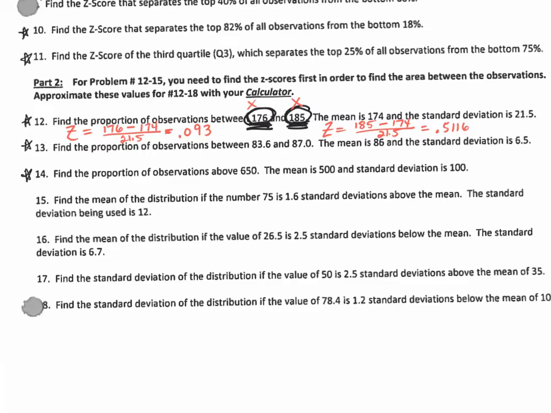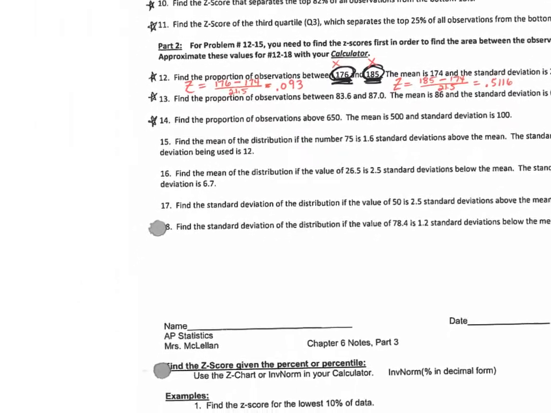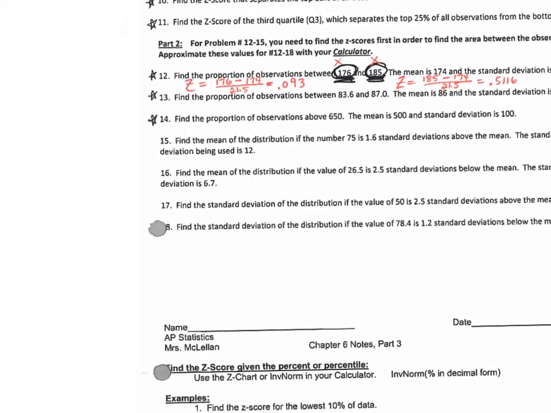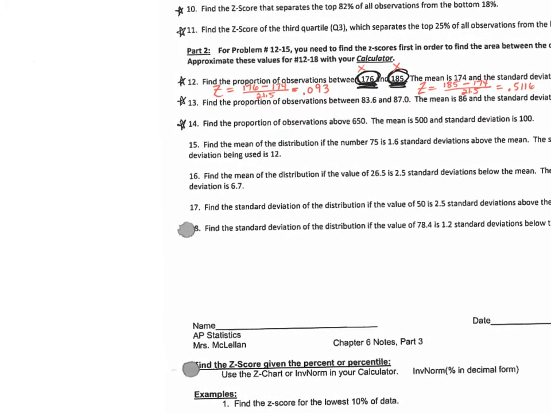Those are not areas. If I want to find the area or the proportion of observations, then I need to go to my z-chart and find the areas associated with those two z-scores, or as you just learned in the previous video, you could do your norm CDF from your low z, 0.093, up to the high z of 0.5116.